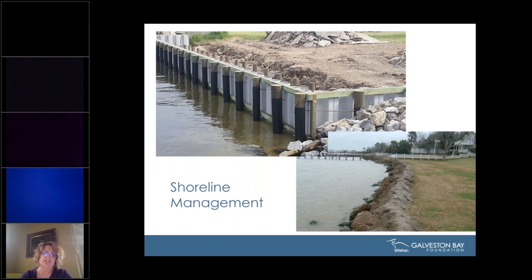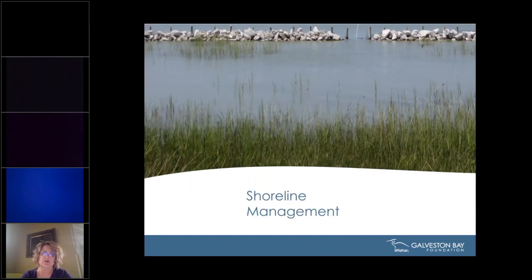Shoreline management treatments that we tend to prefer are called living shorelines, like Marcia talked about, and they incorporate both natural and man-made components to more closely mimic what would actually happen in nature. So for example, in this case, you'll see a breakwater off the shore with marsh grass planted behind it.